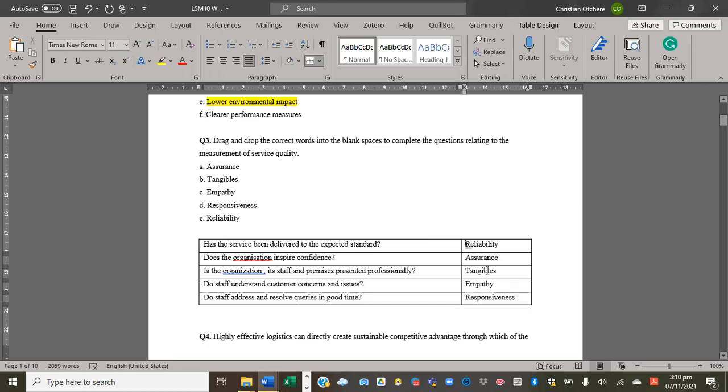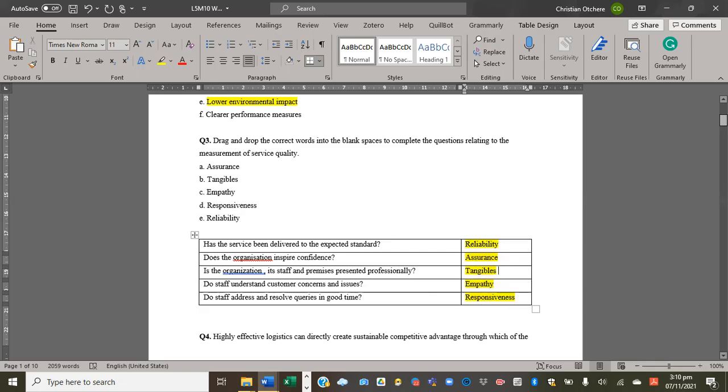Assurance. Tangibles: the organization, its staff, and the way the premises are presented. And do staff understand customer concerns and issues? Empathy, and that's it.